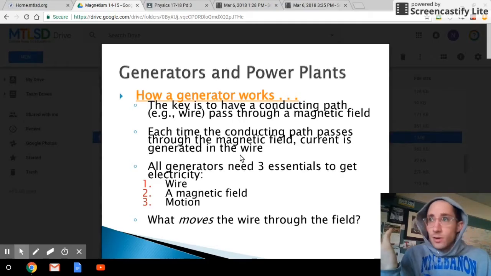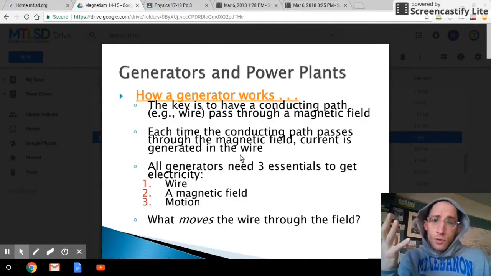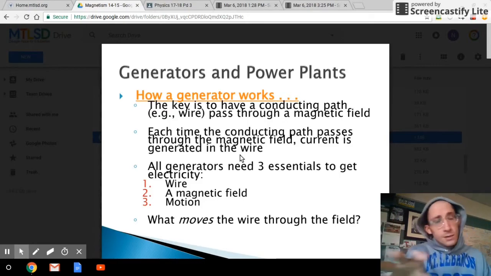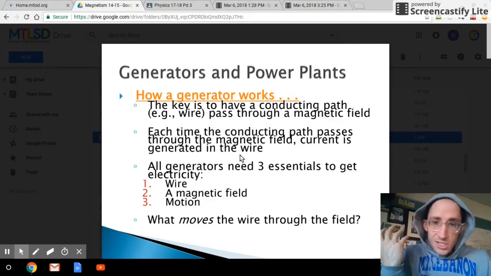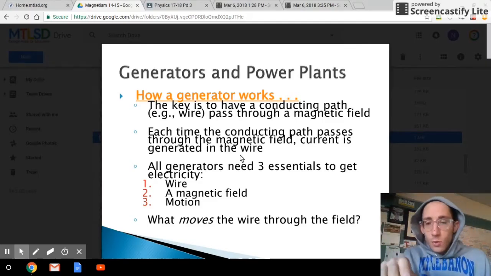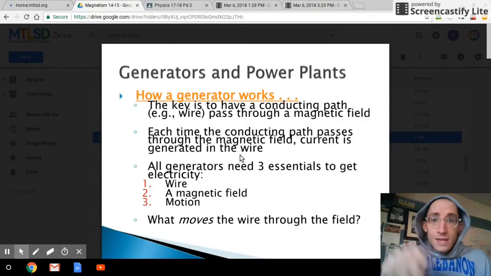In our civilization, aside from photovoltaics or solar cells, it's just like, well, here's something else. We can make water move the wire through the field. We can make wind move the wire through the field. In most cases, we use steam, which is still water, to move the wire through the field. How can we make steam?